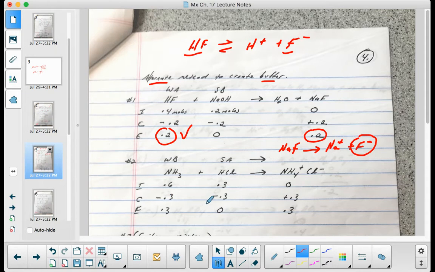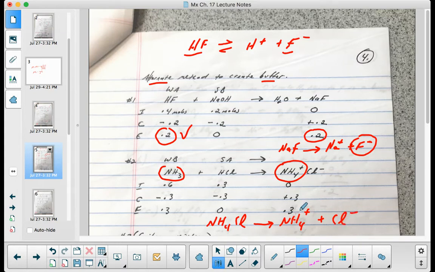So I would have in my reaction vessel both the weak base and its conjugate, the ammonium ion, because ammonium chloride is an electrolyte, a solid that turns into ions, so I would have the NH4 positive ion and just spectator chloride ions.